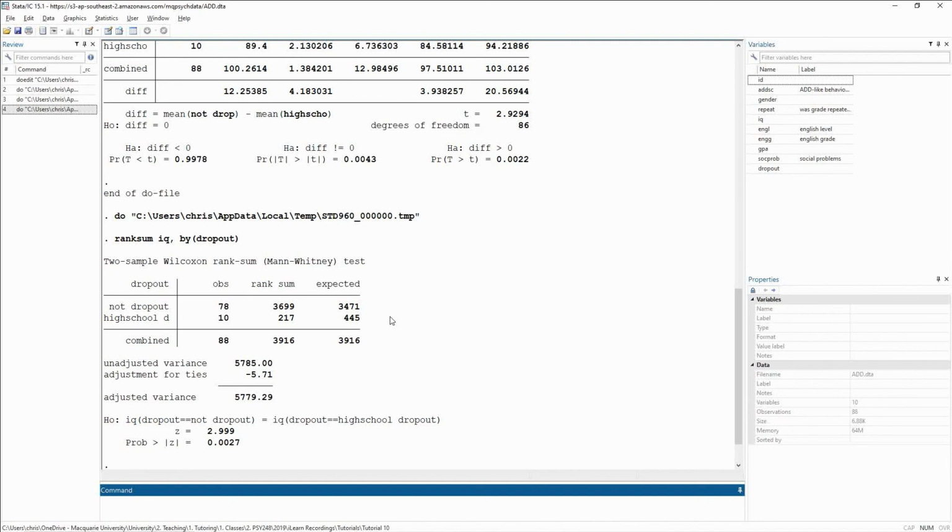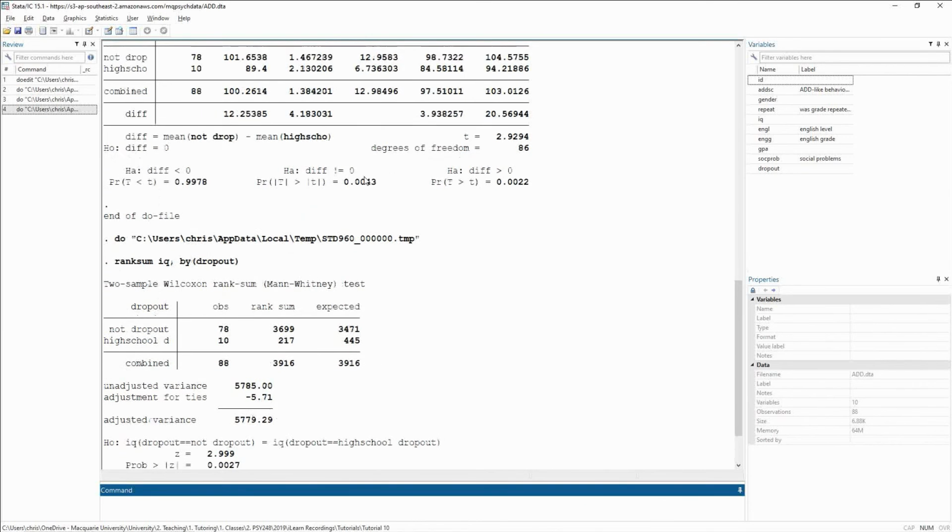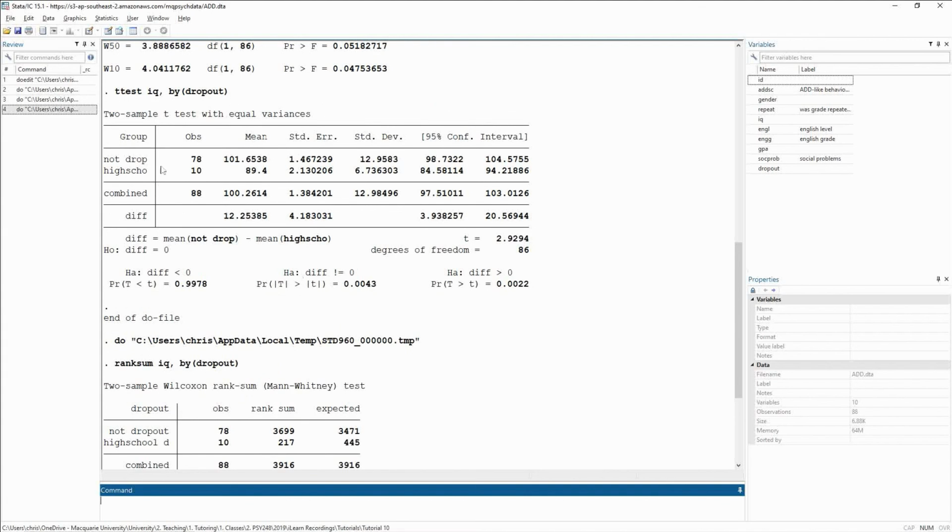One says if you have violations of assumptions, you shouldn't go anywhere near the parametric test. Others would argue, well, actually, if the results reflect each other and they seem to be the same and you draw the same conclusion, why sell yourself short of the t-test? It gives you more information, it gives you something you can actually use. There's more pros than there are cons. Why not just go ahead with it anyway?